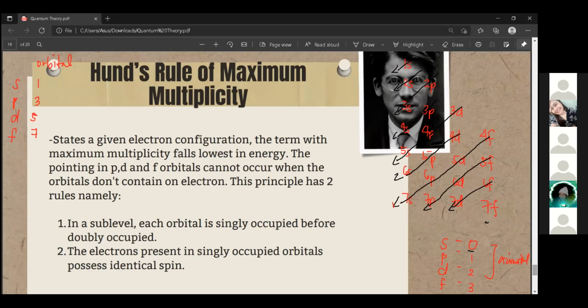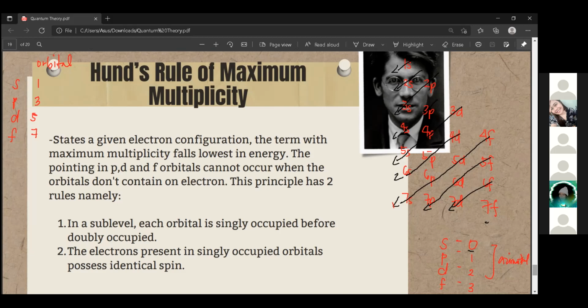So again, Hund's rule states that for an electron configuration, the term with maximum multiplicity falls lowest in energy. This principle states that each orbital is occupied singly first before nimo siya i-double. Mao na ang gina-emphasize sa Hund's rule of maximum multiplicity.